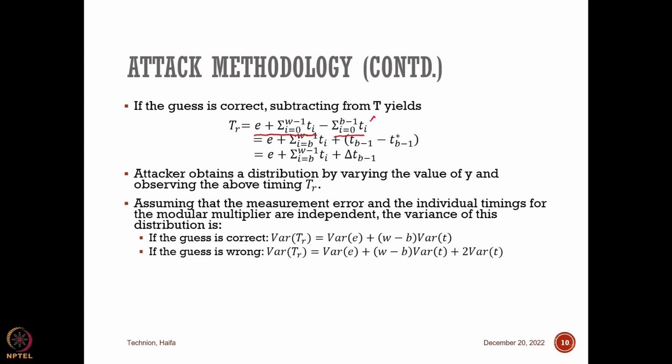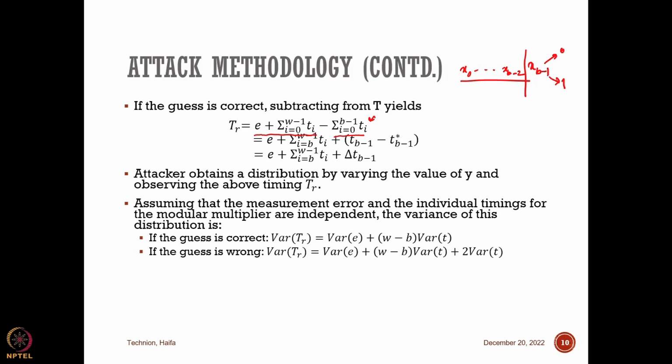This is the situation where you are computing the timing for your replica code, and your replica code goes from x0 to xb minus 2. All of these are known to you. You know the exact key in those cases. xb minus 1 you don't know, so you make a guess here. This guess could be either 0 or 1.